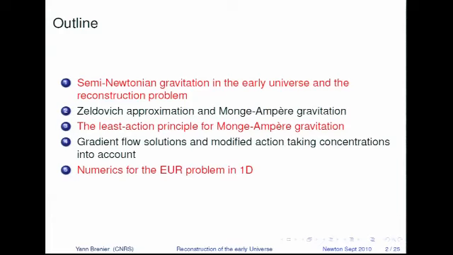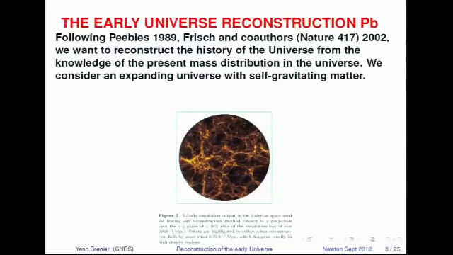So that's the outline. These problems are of interest in cosmology. I think this was started by Peebles, and I know this problem from Uriel Frisch of the Observatoire de Nice, and most of the physical background I know is due to him.